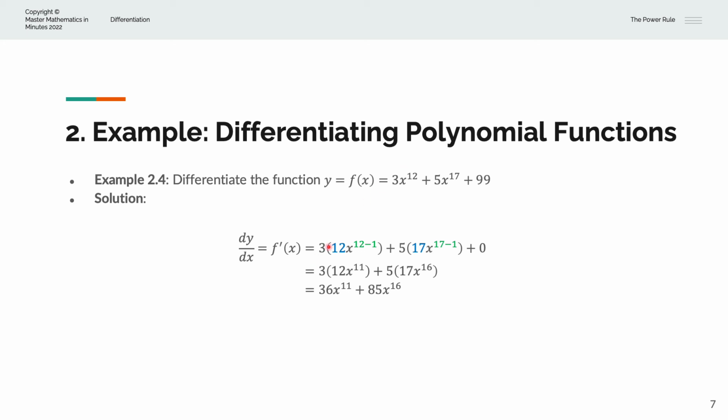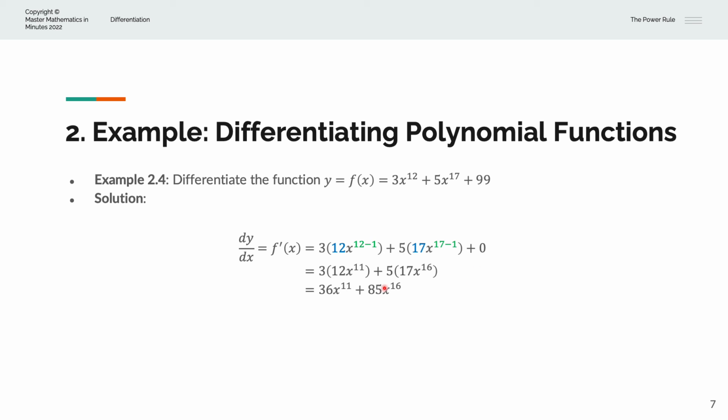We'll copy the 3, and we'll drop the power 12 to the front, multiply that by x, and raise that to the power of 12 minus 1. And we'll copy the plus 5, and again we'll drop the 17 to the front, multiply by x, raise that to the power of 17 minus 1. And again, when we're differentiating a constant, that is always 0.